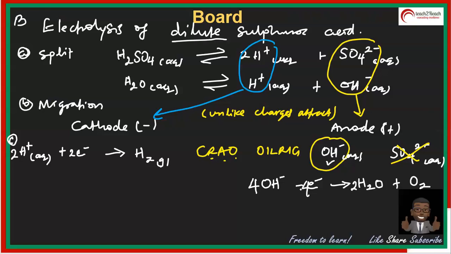You can see that hydroxide is discharged. 4 hydroxide will lose 4 electrons to produce 2 water and 1 oxygen. So it means that your oxygen is produced at the anode, while your hydrogen is produced at the cathode.